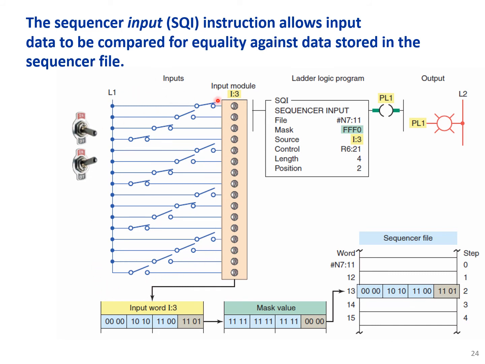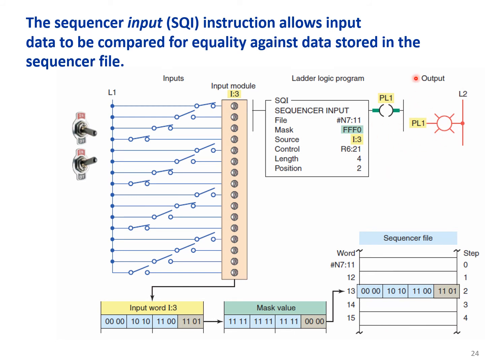We continue to the end. And this is our sequencer file. If the input matches one of the rows or words in the sequencer file, the output will be true.